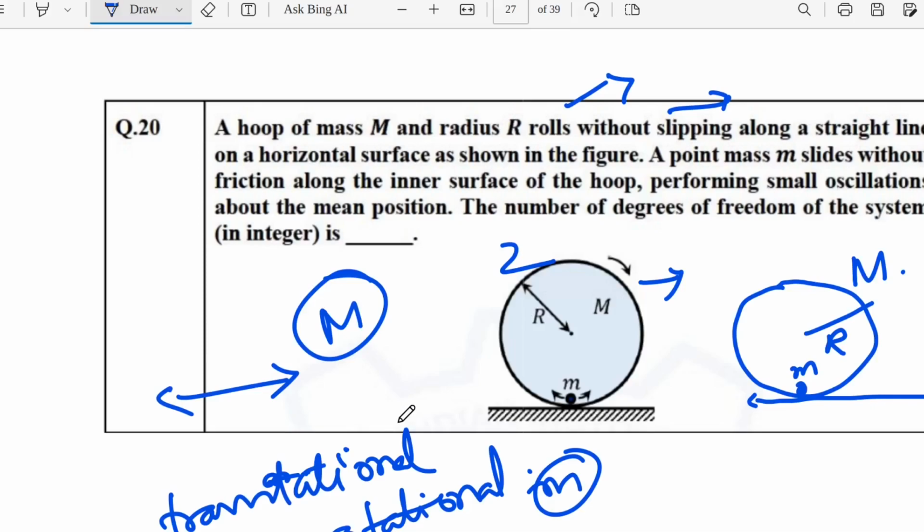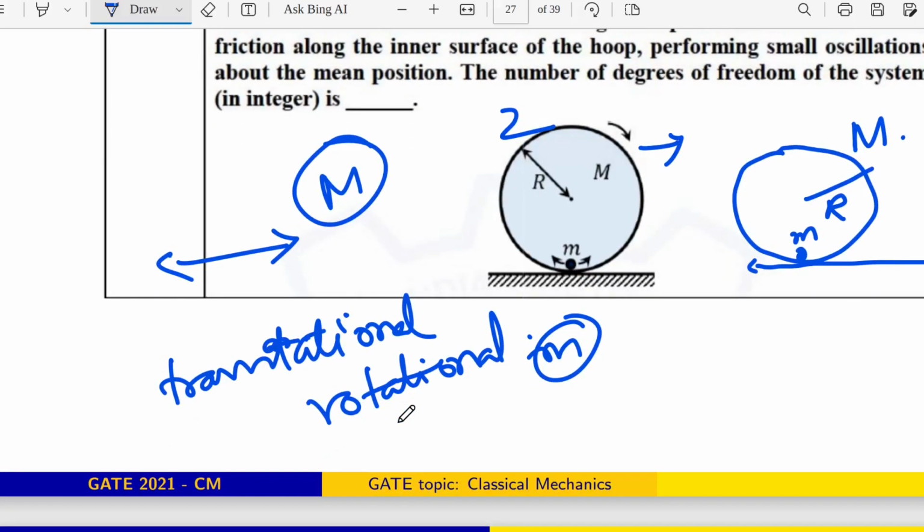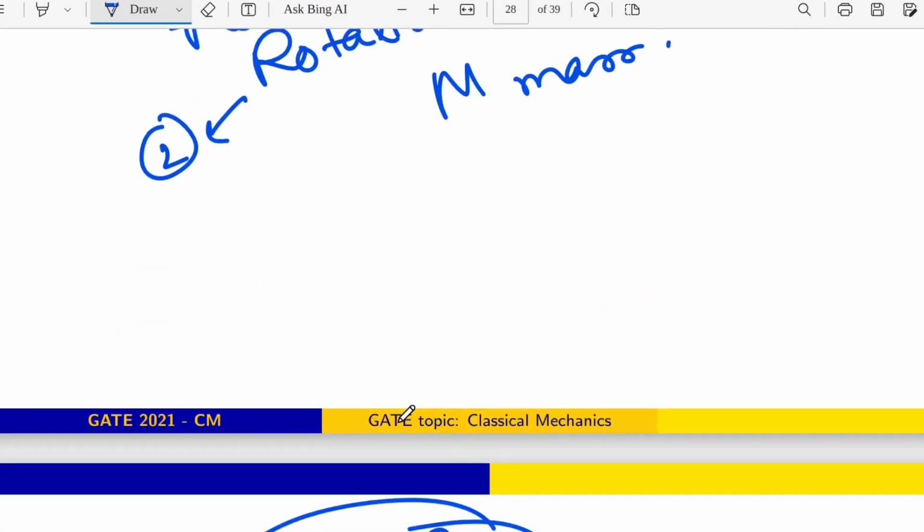So there are two motions. One is translational motion and another one is rotational motion. Translational motion is due to the small m and rotational motion is due to the capital M. So the number of degrees of freedom of the system will be 2. One is translational and another one is rotational.